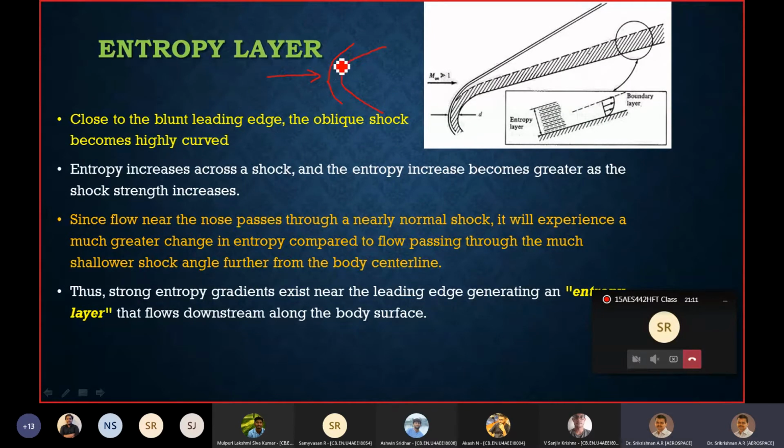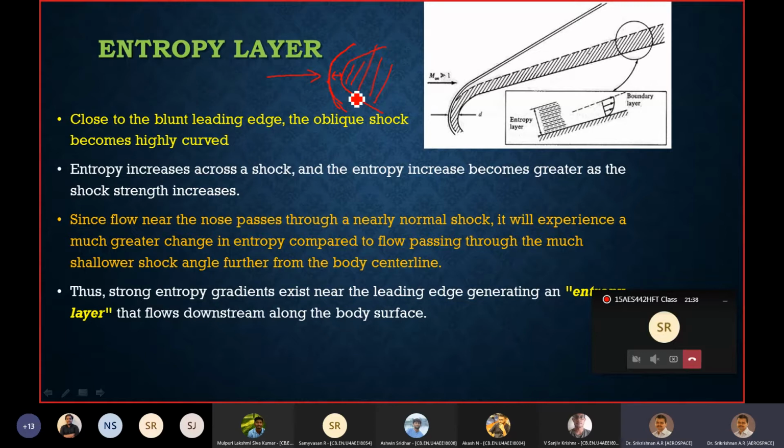Okay, let me ask you this. What do you mean by a bow shock? Anybody? So I have a solid body like this, which leads to the formation of a bow shock, a detached shock like this. What characterizes a bow shock?